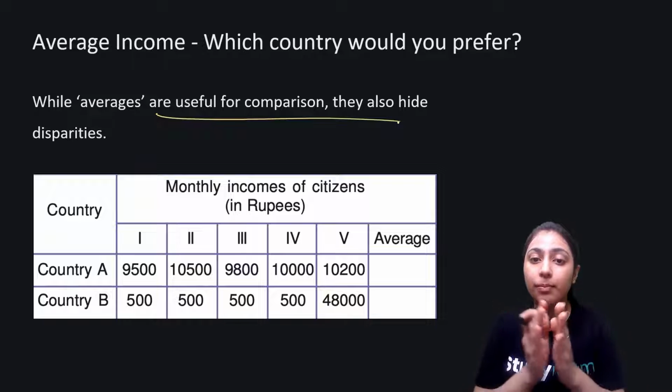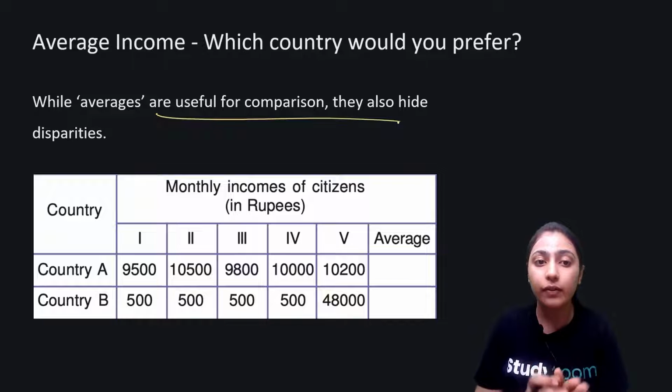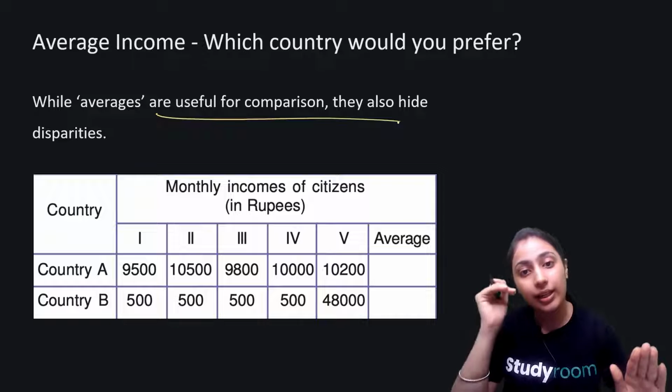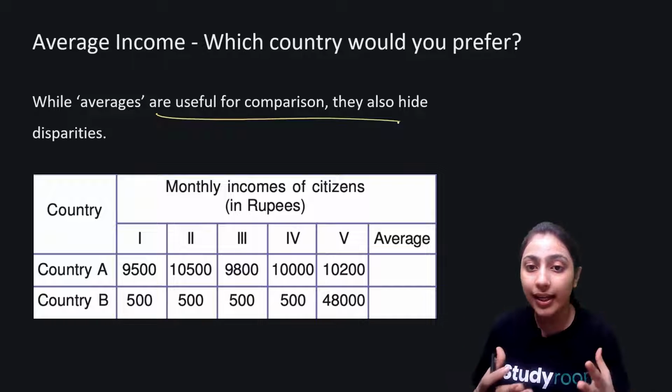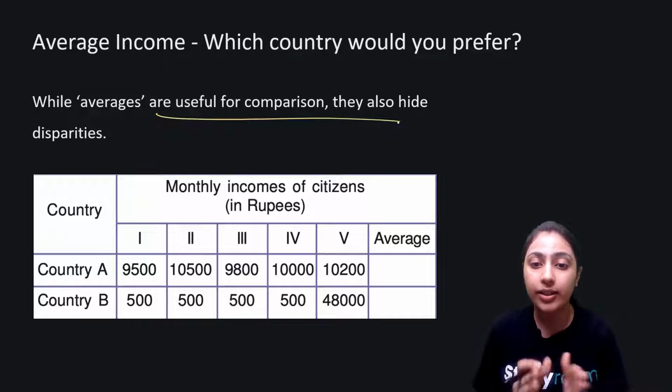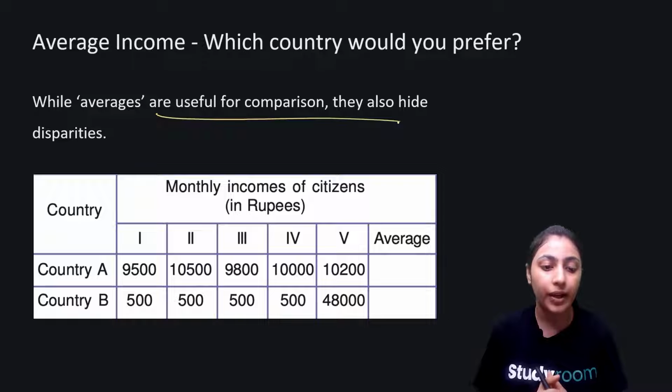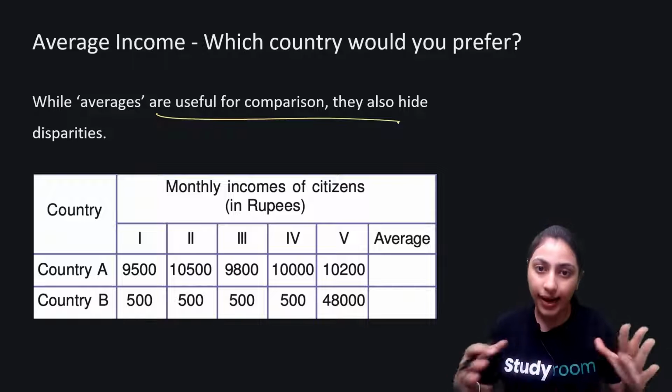It leaves out the people who are earning less than the average line. So this is the very important line, and it says that averages also hide disparities.